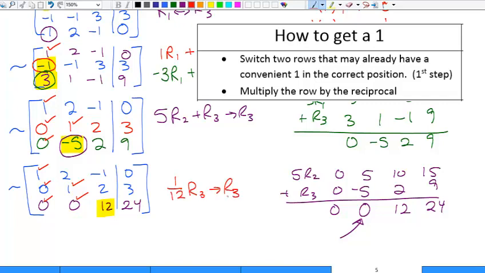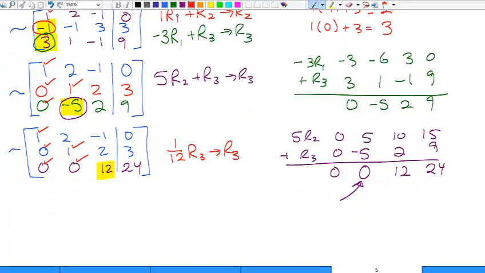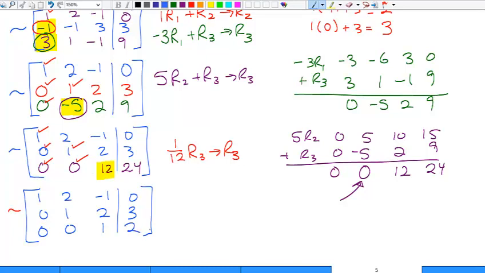I know a lot of times students don't like to think of fractions, so instead of multiplying by a fraction, we can think of it as a divide. Notice row 1 and row 2 aren't being manipulated at all, so I'm going to keep those the same. Instead of taking 0 times a 12th, you can just think of 0 divided by 12 as 0, 0 divided by 12 is 0, 12 divided by 12 is 1, 24 divided by 12 is 2.